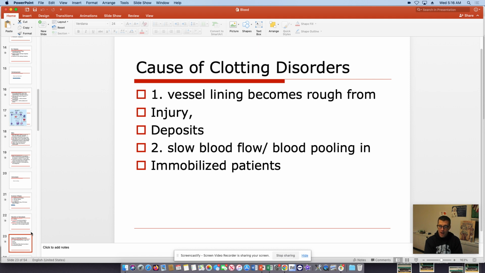If someone is immobilized, perhaps because of some kind of a surgery, one of the major concerns that healthcare people have is that they don't get one of these clots, because they're not moving. Our heart is the prime mover pumping our blood, but there's something called muscle milking and all that kind of thing that helps facilitate the movement of blood through our system.